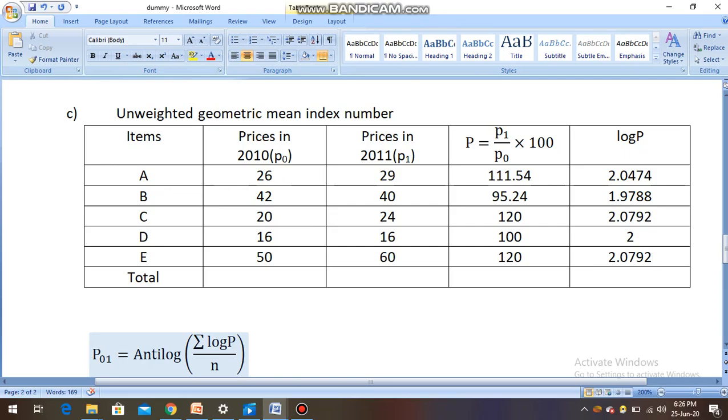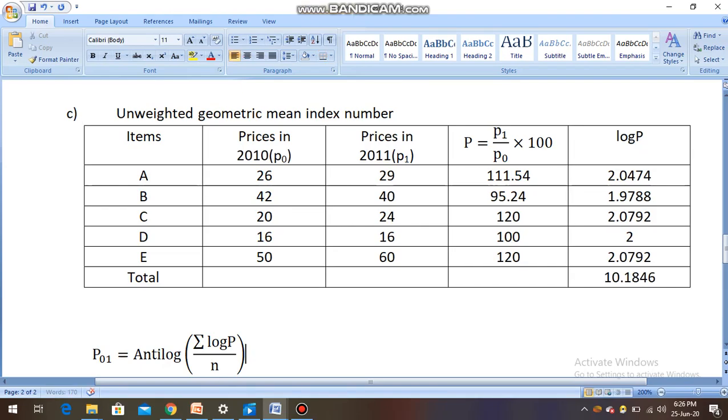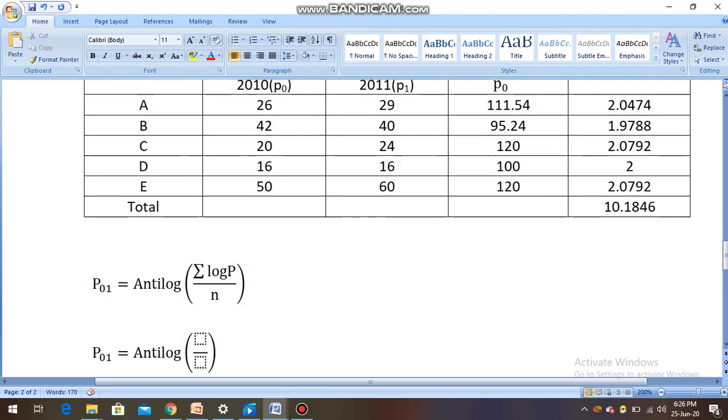Then we need summation of log P, that means the total of this column, which is 10.1846.